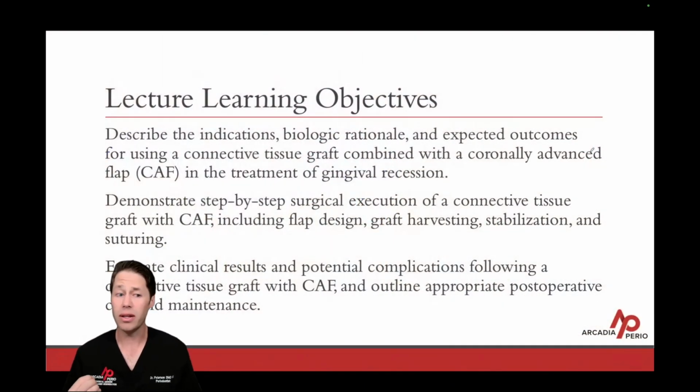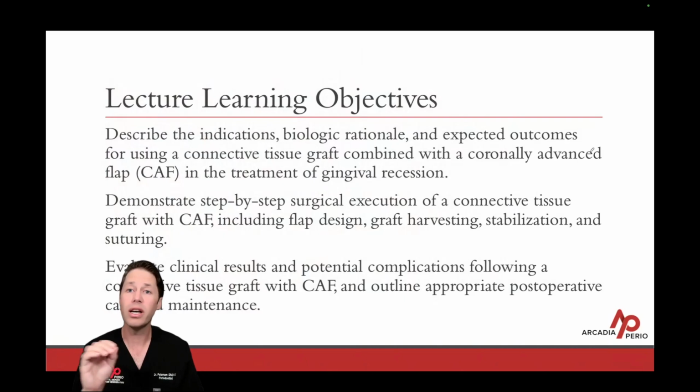So I hope you learned a lot about the learning objectives in this case, my mindset, and just some subtle ideas in terms of how I come across and how I treat recession defects. More to come in other clinical cases. This was kind of a unique case. I don't often use two vertical releasing incisions to treat these cases.